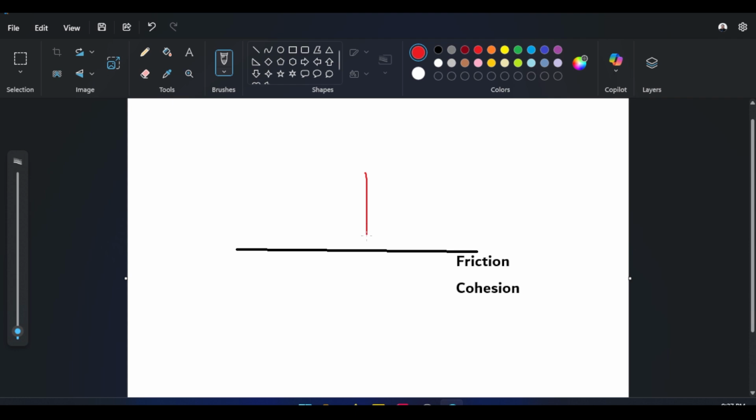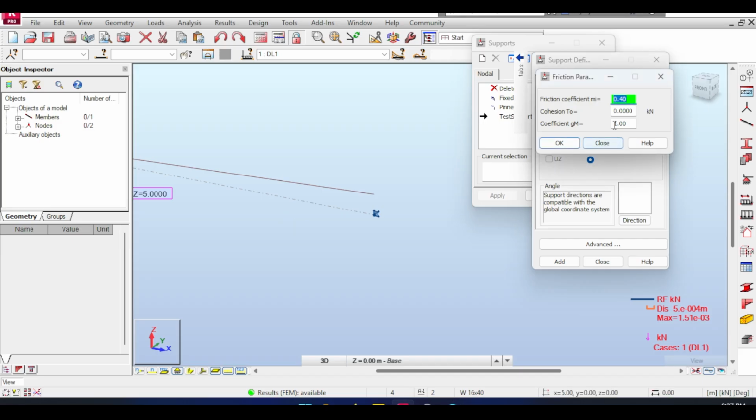Well, if you have a normal force, then the friction reaction is going to be mu, which is the friction coefficient, multiplied by N. Now, this mu has equations in soil mechanics, like tan lambda, or tan alpha and stuff, and angle of repose, etc. Here, basically, it tells you what the friction coefficient is, which is the multiplier that you multiply with the normal force.